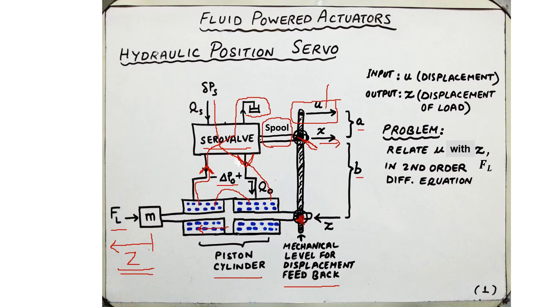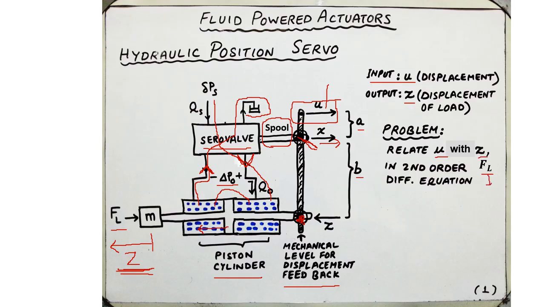In this problem, we are going to relate our input, which is the displacement U, with the output displacement Z, and also with FL. FL is another input to the system, and we are going to relate the input displacement U with output Z as well as FL.